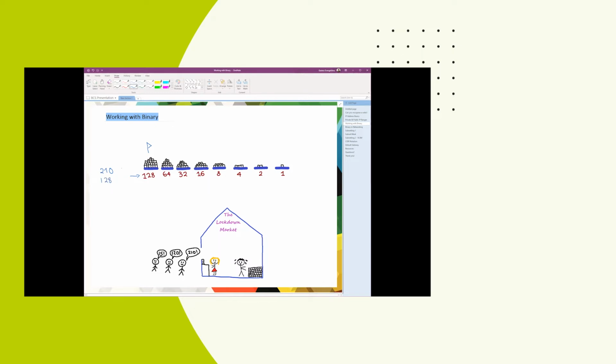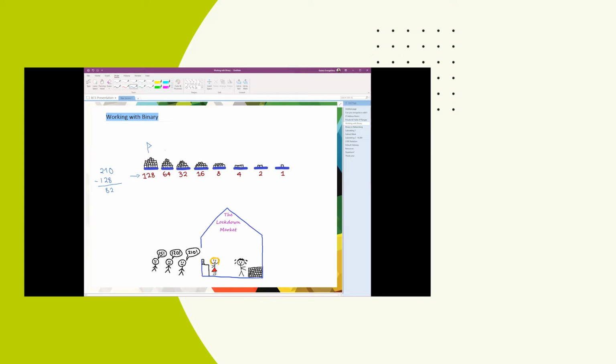So what's left? He puts his flag here, and he's left with 82 boxes more.